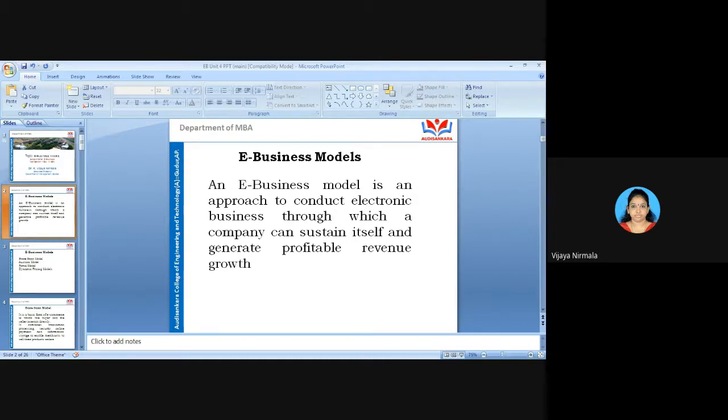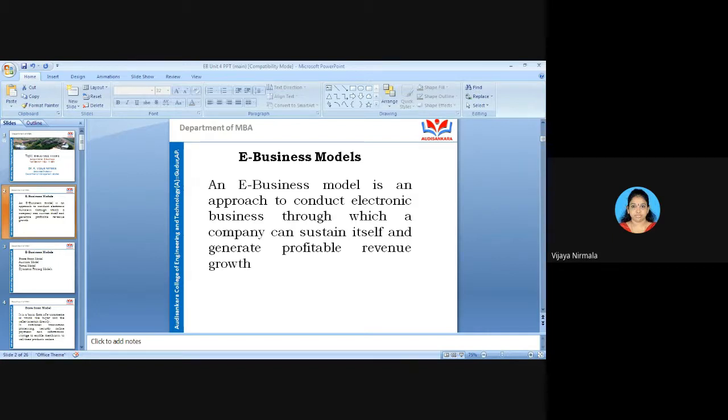It is operated partially or completely on the internet. So this e-business model is an approach to conduct electronic businesses.